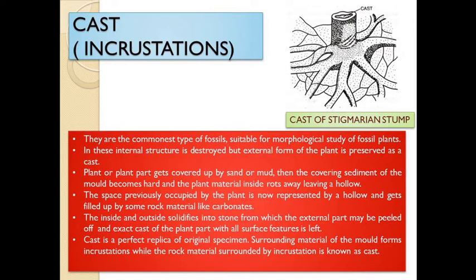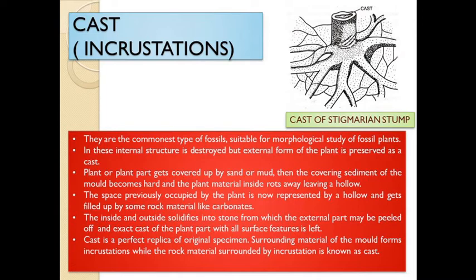And then that space previously occupied by the plant organic material, now represented by a hollow space, gets filled up with rock minerals, rock materials like carbonates. Then inside and outside solidifies into a stone-like form, in which the external part may be peeled off, and an exact cast of the plant part with all the surface features is left.